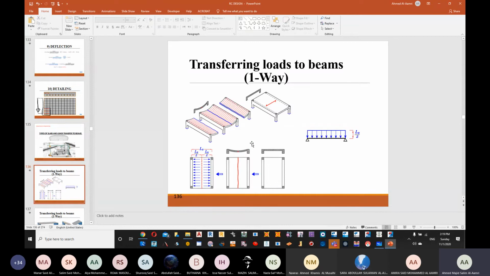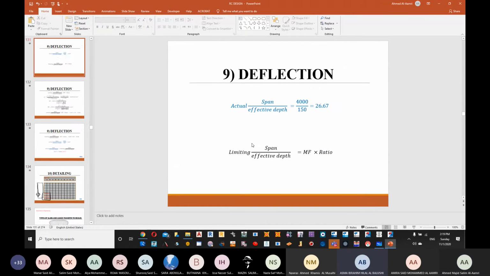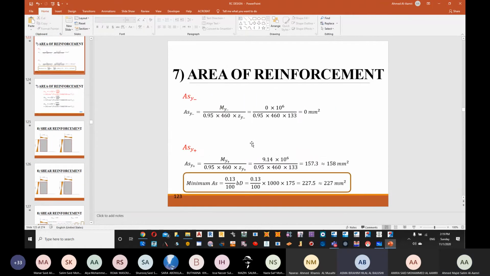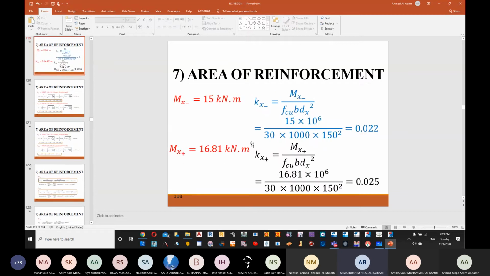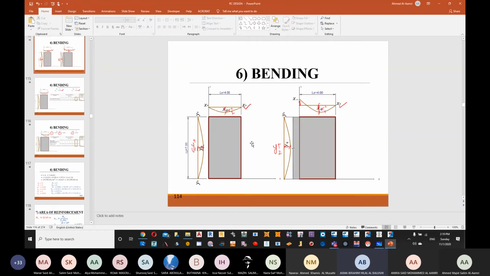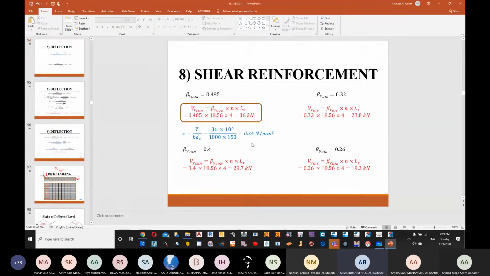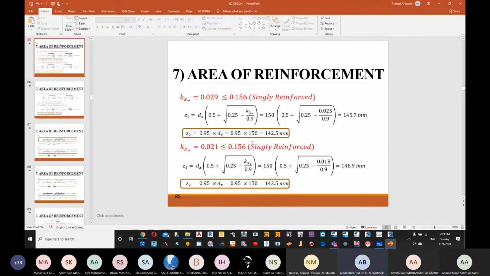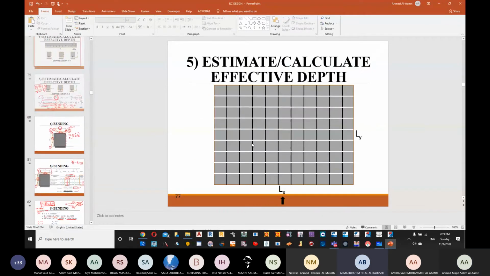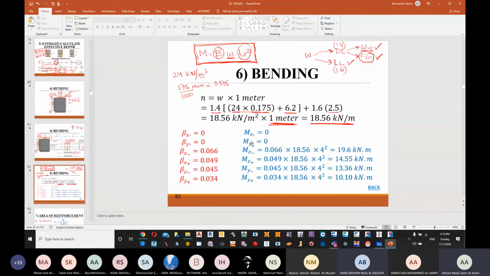Sir? Yes. Sorry to interrupt you, but I have a question. For example 1, we find K, but the value of K that we find from the rule is different than the value of K that we compare with 0.156. Which slide? Which K?